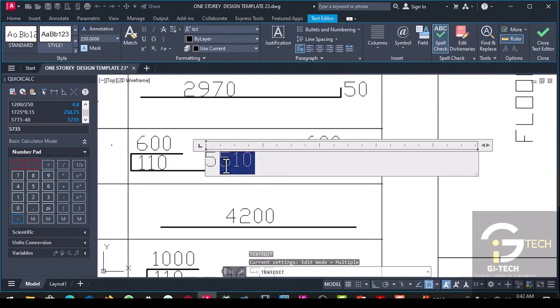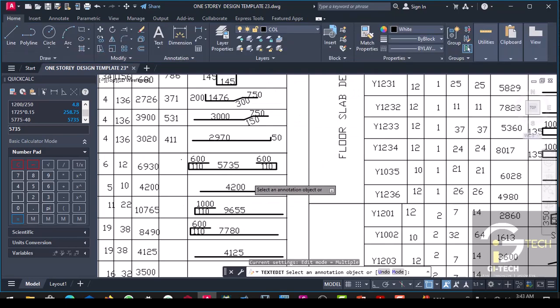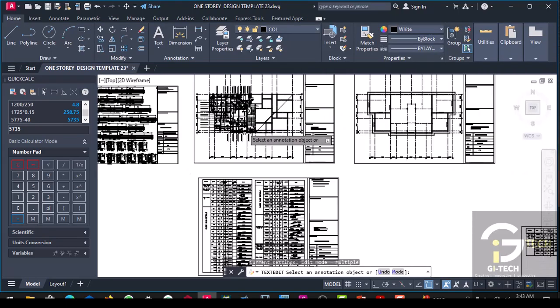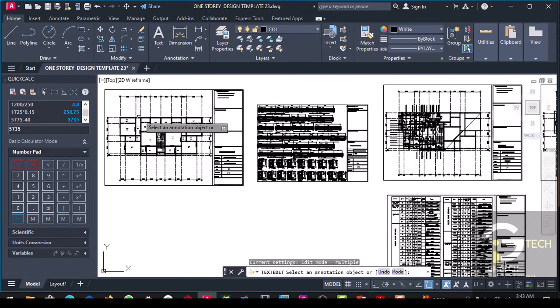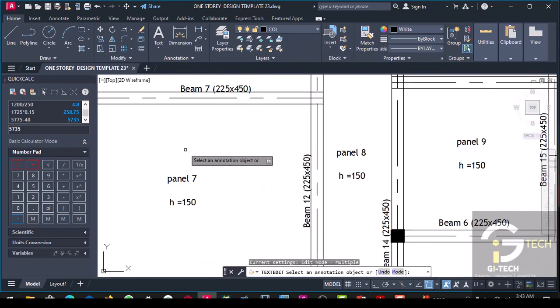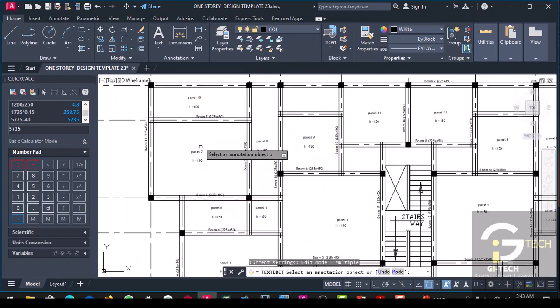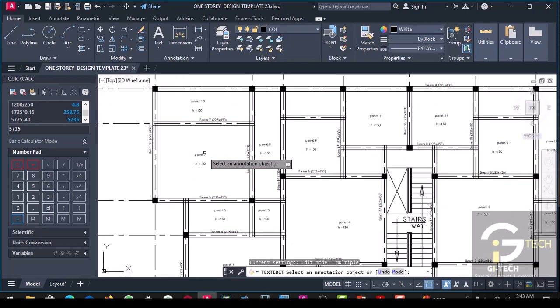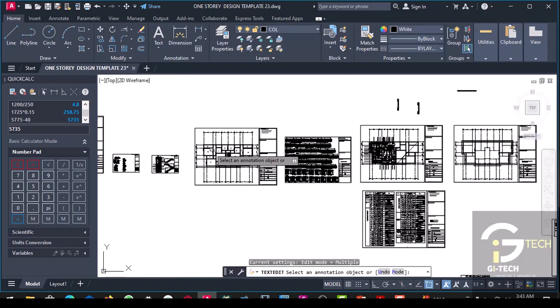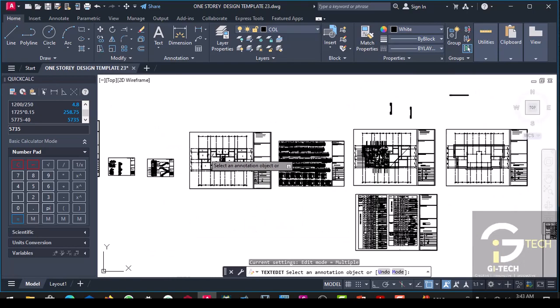So we come here, we say that this is 5735. Okay, now the slab thickness is 150, and we adopted 20 mm cover.